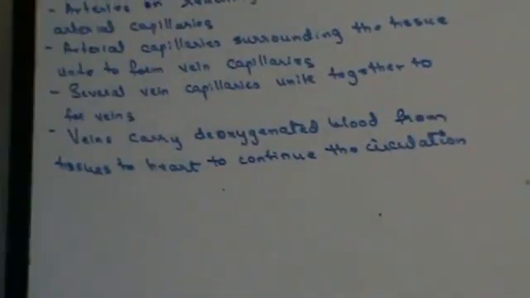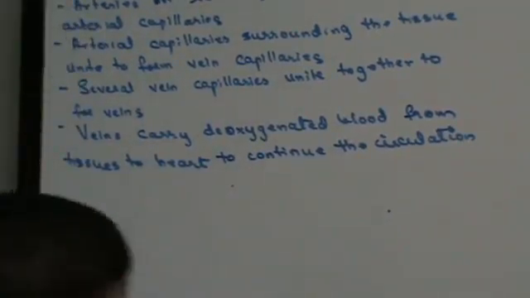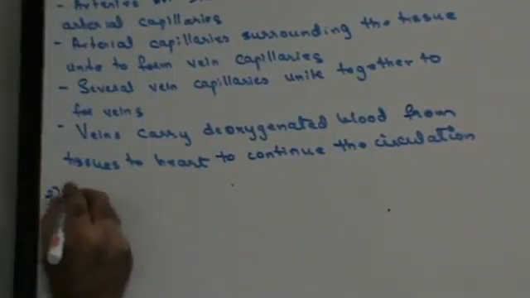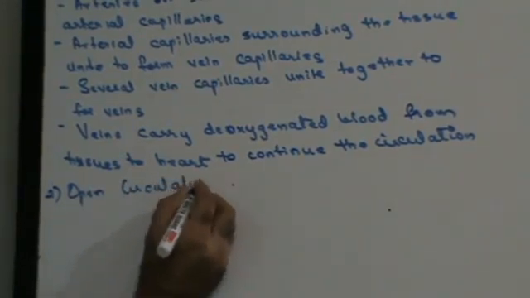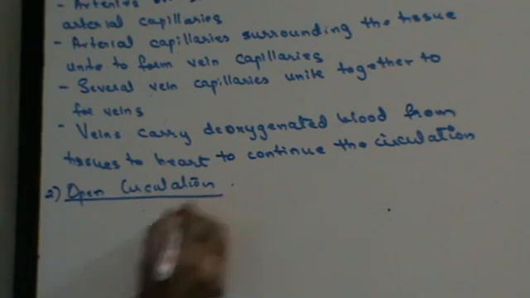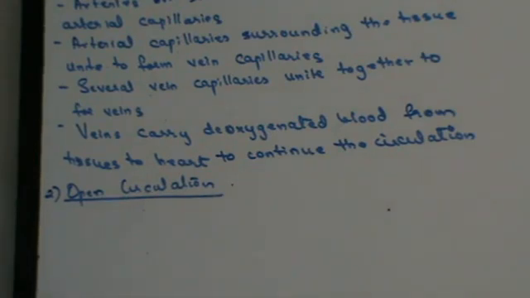Next, let us see what we understand by open circulation. What is open circulation? It is a circulation of body fluids which does not flow through the blood vessels but only flows through open spaces called sinuses, known as hemocoles, right?